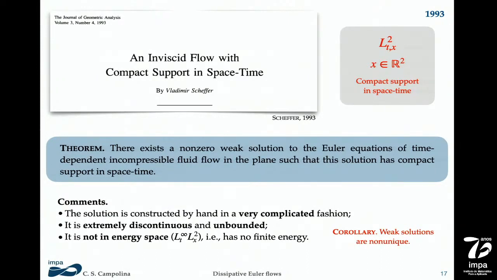For example, for the Euler equations, you can define a weak solution by integrating by parts the equation and the incompressibility, but some authors prefer to integrate only the momentum equation and require the test function to be incompressible.